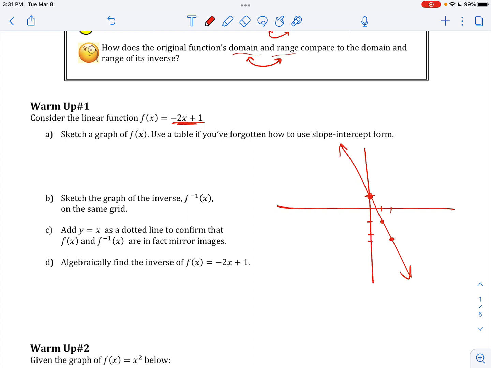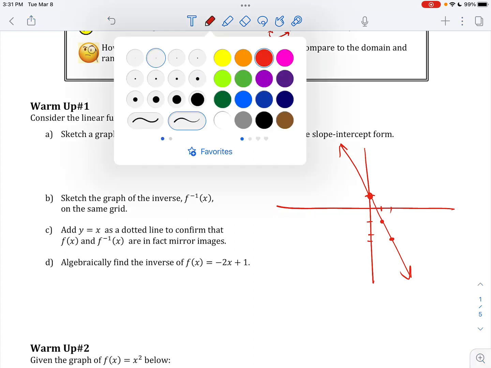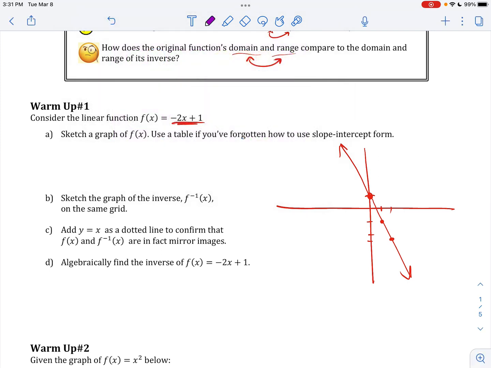Sketch a graph of the inverse. Okay, I'm going to change color. The inverse is going to be reflected over this line here. This is the y equals x line. Instead of the y-intercept being here at 1, I'm going to think about the intercept now being there. I'm going to reflect that point. This point that's at 1, negative 1, is going to end up going over here.